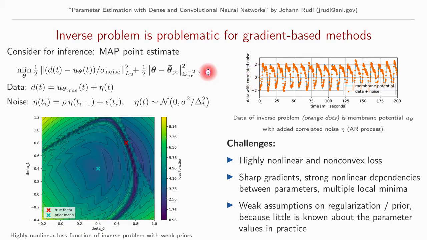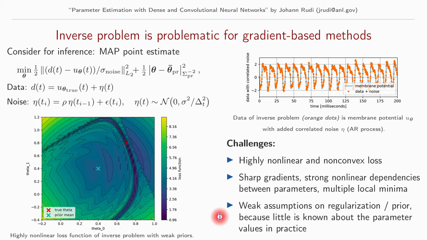Now, if we would plot this cost function in this minimization, it would have a very strange shape. So it's highly nonlinear, as can be seen here, where the true theta is the red X and the prior is sitting in the middle, it's the blue cross. And the covariance is chosen very widely, so the main features that we are seeing in this plot are coming from the data misfit term. And this is actually one of the problems in biological neuron-based inverse problems.